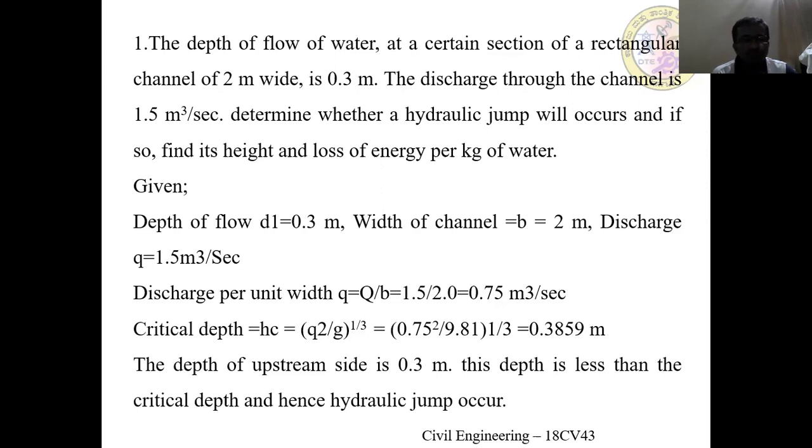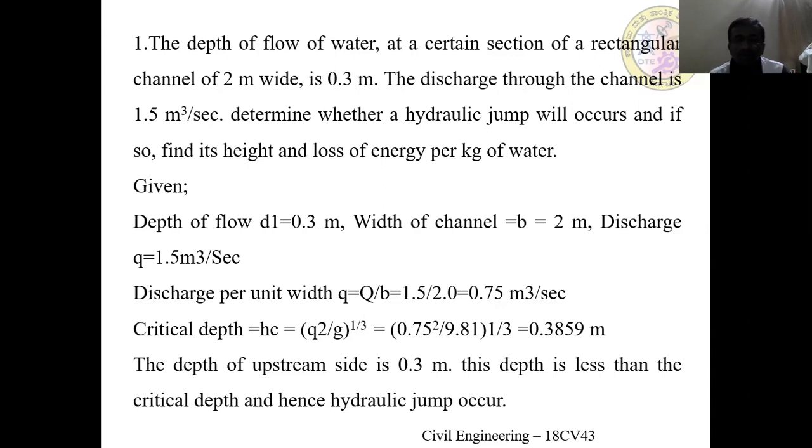Discharge per unit width, small q, equals the discharge in the channel divided by the width of the channel. So small q equals 1.5 divided by 2, which gives 0.75 meter square per second.